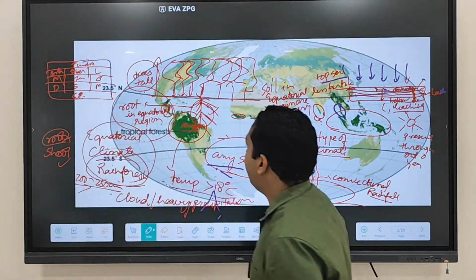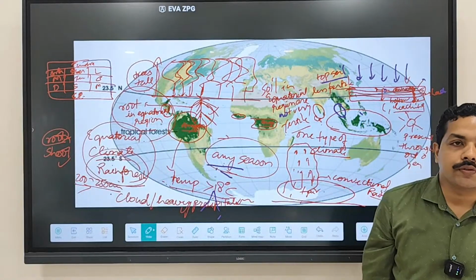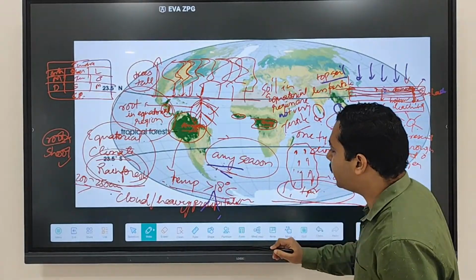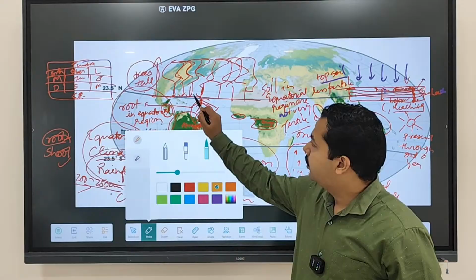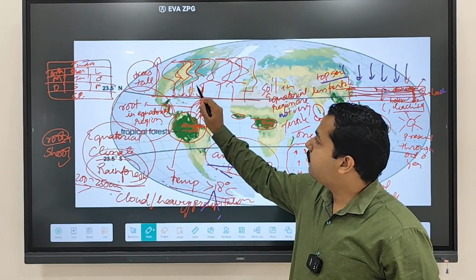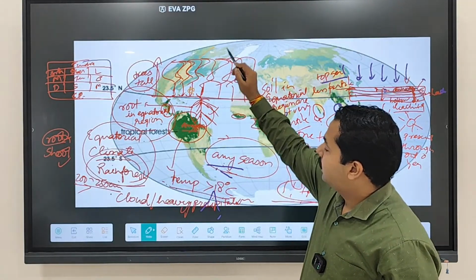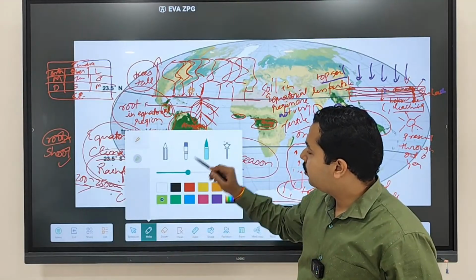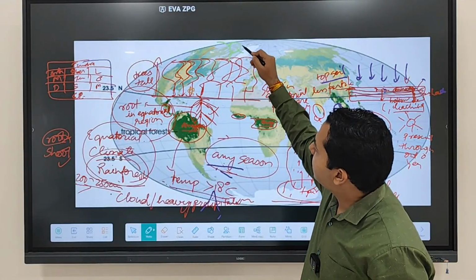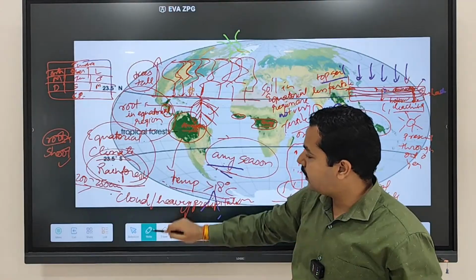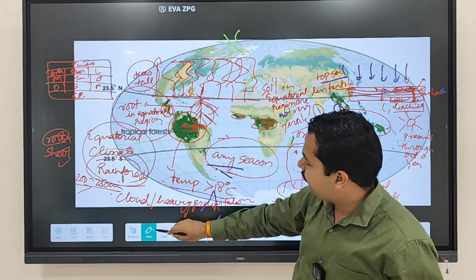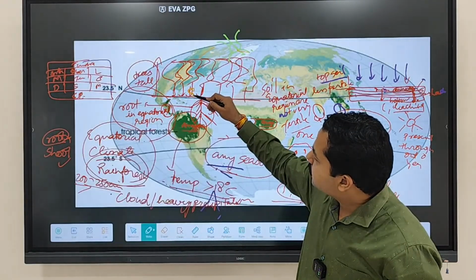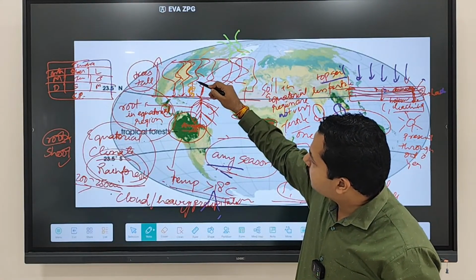Now, because of tall trees, let's say any new tree has to grow. What will happen? This new tree will not get the sunlight. The new tree which is growing at the bottom will not get sunlight.